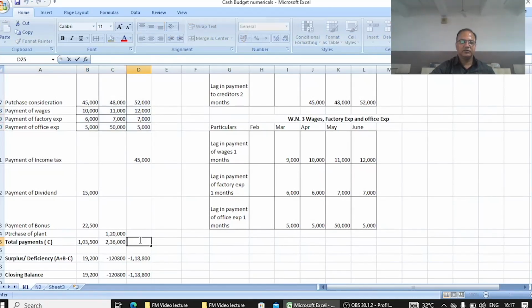This is 121. And after that, we had to find out surplus or deficiency. It is A plus B minus C. After doing A plus B minus C, we have final figure of closing balance. So this was the solution of this problem.